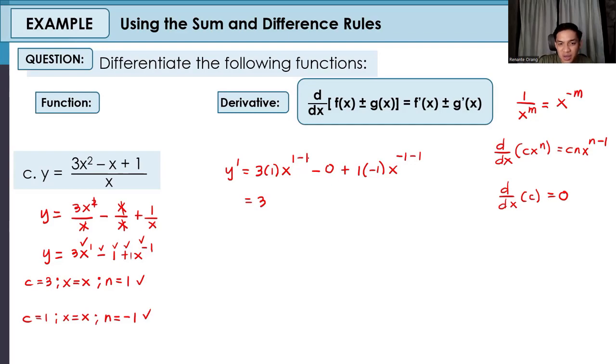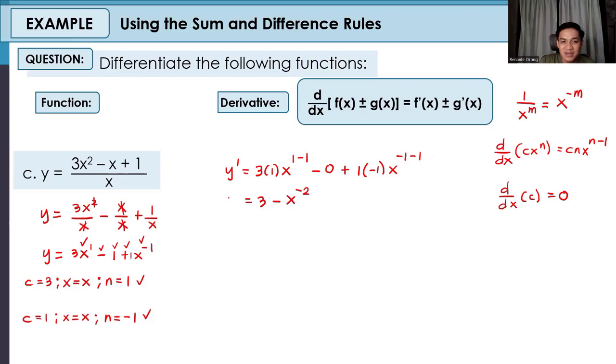X, 1 minus 1 is x raised to 0 is 1. So, cancel out lang siya. Minus 0. So, also canceled out. Positive 1 multiplied by negative 1 is negative 1. Then, eto, x raised to negative 1 minus 1 is x raised to negative 2. Pwede mo din siyang i-calculator para sure.